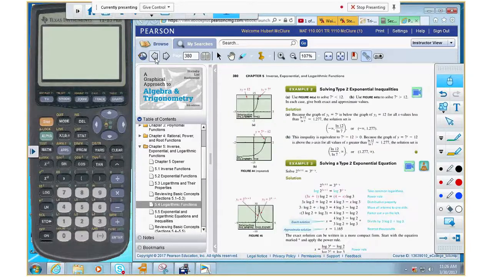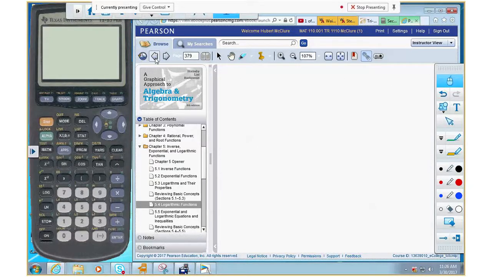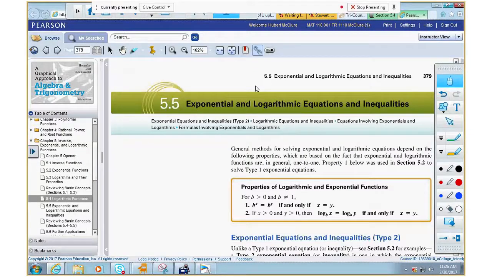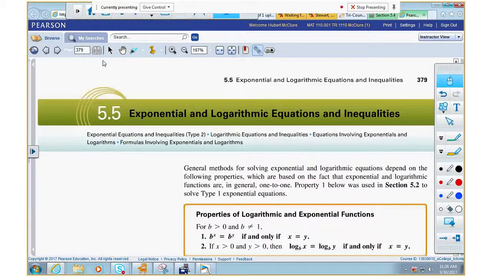Now this is where I'd say probably 50% of your test is going to come from. Like 30% is going to come from rewriting, and 10% is going to come from definition of logarithm. But definition of logarithm is in this also, so you're not going to get away from the definition of a logarithm.